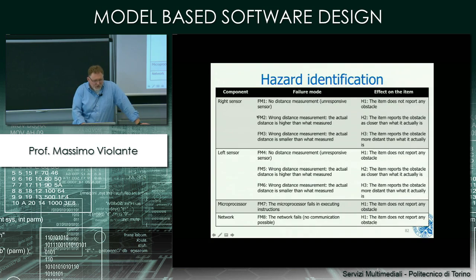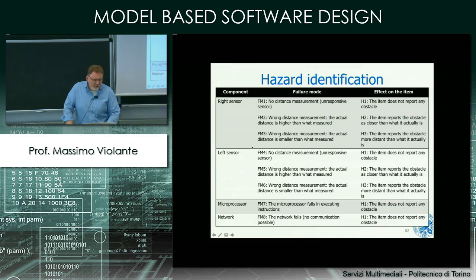Then another failure mode is wrong distance measurement. The actual distance is higher than what is measured. You could have a part of your sensor that is broken in such a way that you measure 10 meters, but the object is 15 meters, okay?